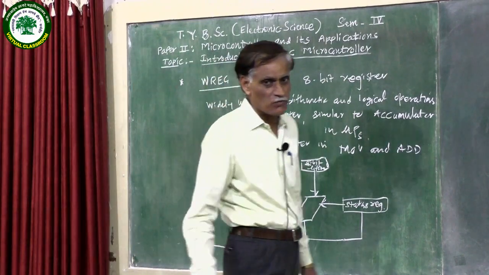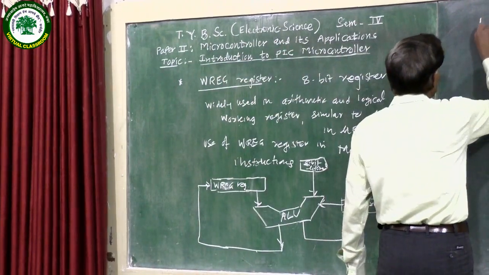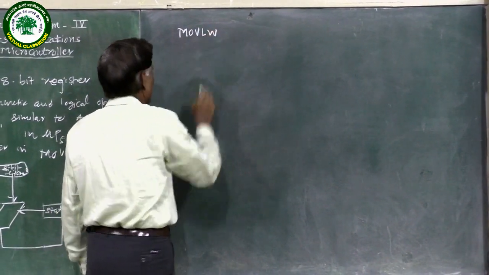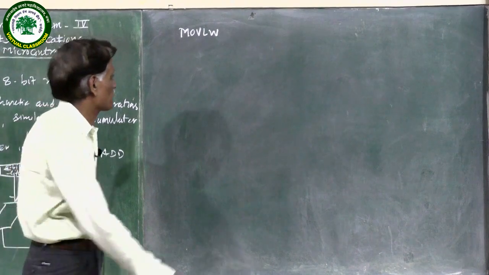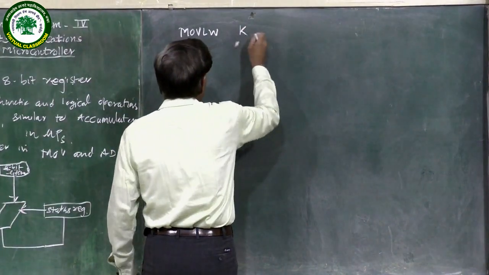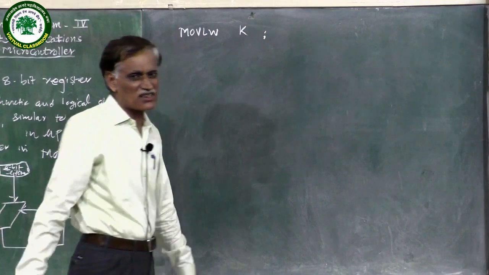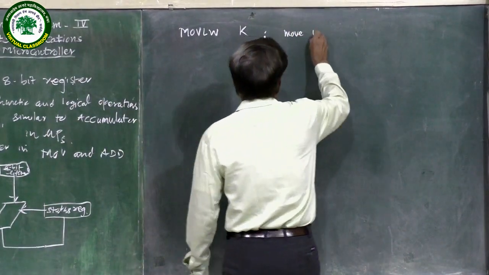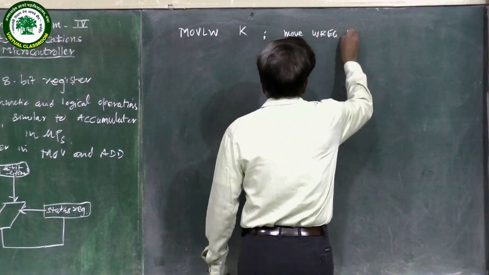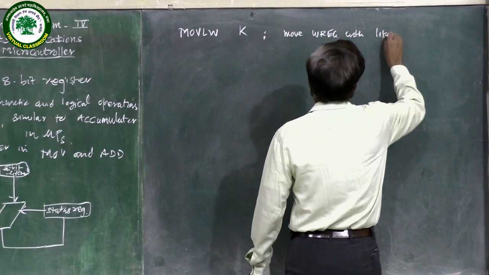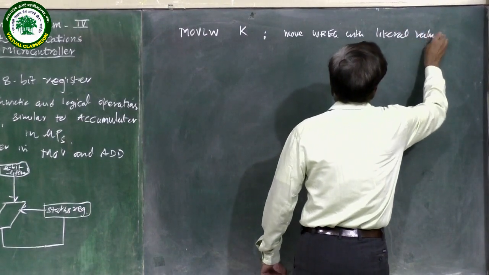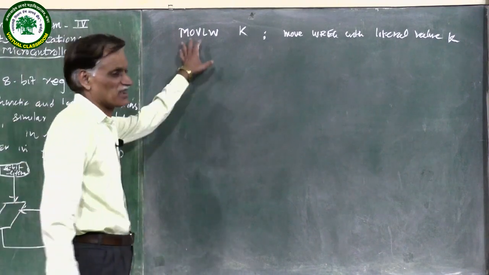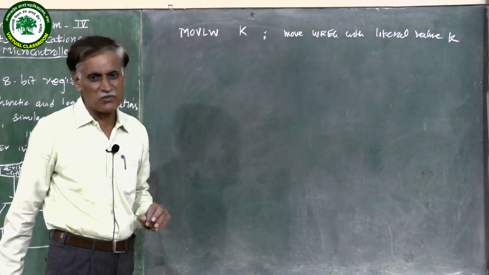From that point of view, the first instruction we will take into account is MOVLW K. The name of the instruction is move literal to WREG, with literal value K. Now after execution of this particular instruction, that is MOVLW K, what happens?